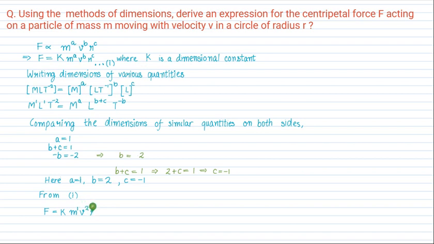Next, you write r, and c equals minus 1, so r to the power minus 1. On further simplification, I can write F equals K m v squared upon r. So this is the expression for your centripetal force, which depends on your mass m moving with a velocity v in a circle of radius r.